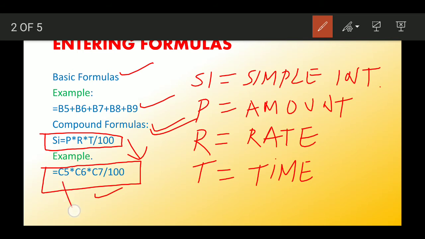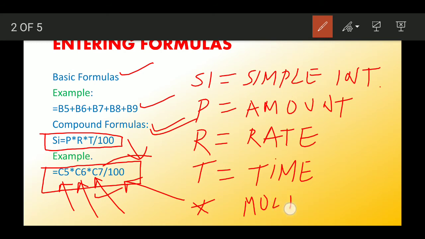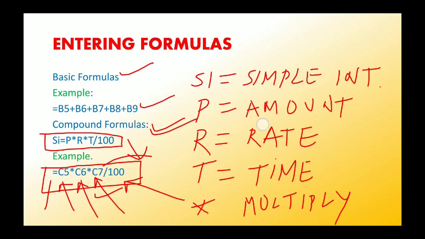Here we have C5, a cell reference, C6 a cell reference, C7 a cell reference, 100 a numerical value, and slash implies division, star implies multiply, and the equal to symbol is also an arithmetic operator. So this one is the compound formula.